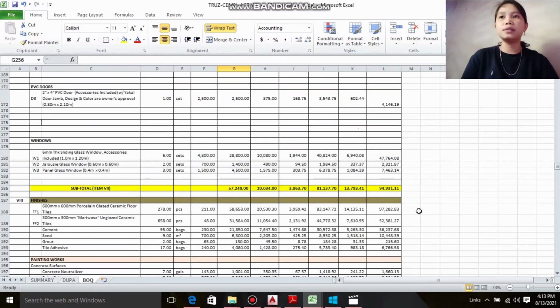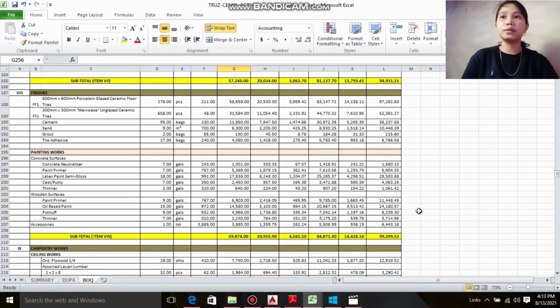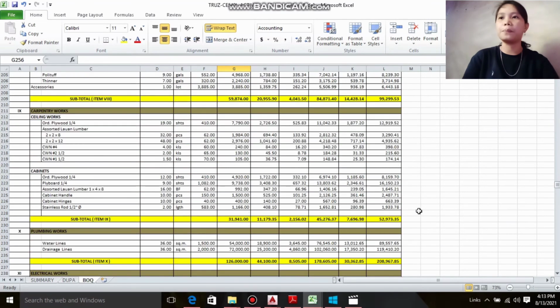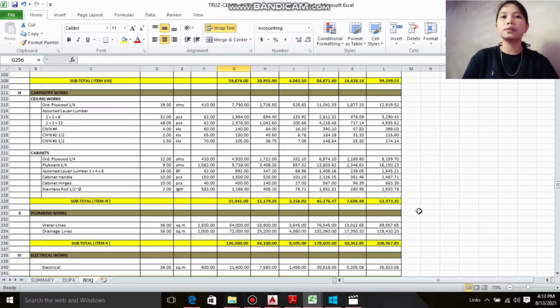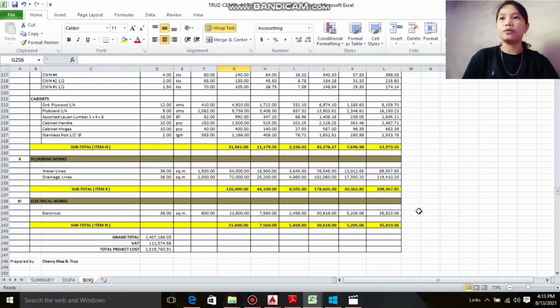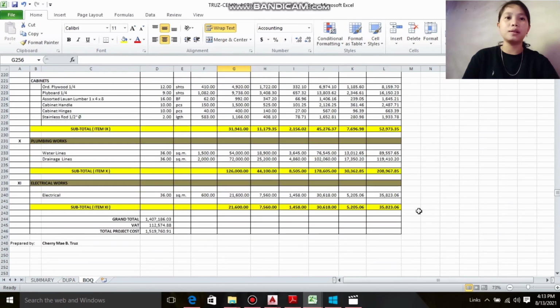So the finishes, the painting works, the wooden surface accessories, 99,299.53. So the carpentry works is 52,973.35. The plumbing works is a lump sum of 208,967.85. So the plumbing fixtures are already included.